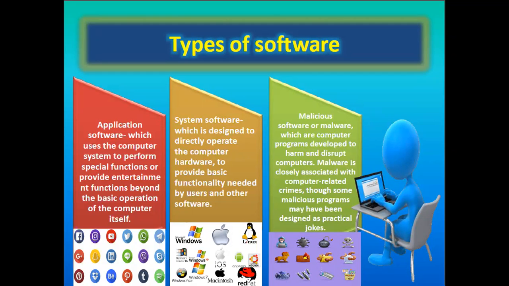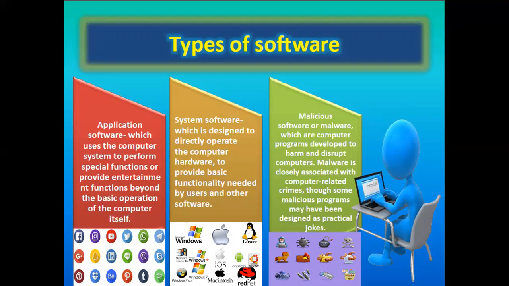For example, you have Windows, iOS, Linux, and Macintosh. For example, Windows has different kinds of software: Windows 10, Windows 7, 8, and, what else? Way back, Windows XP. So those are kinds of system software that allow your computer to function a specific type of function.